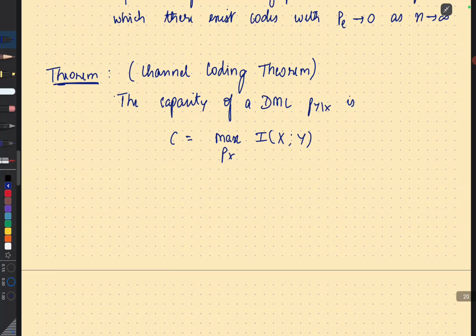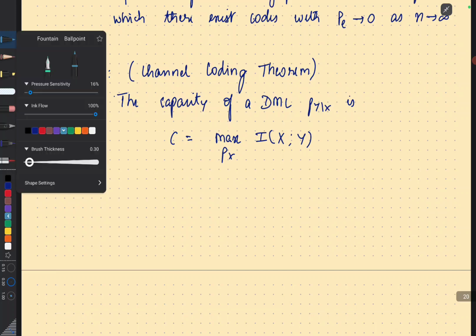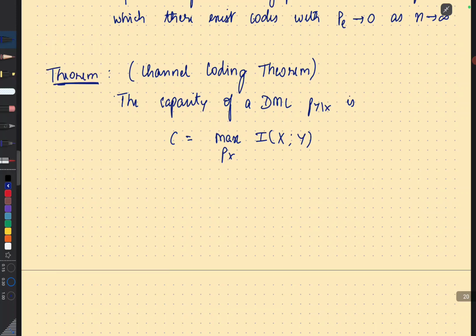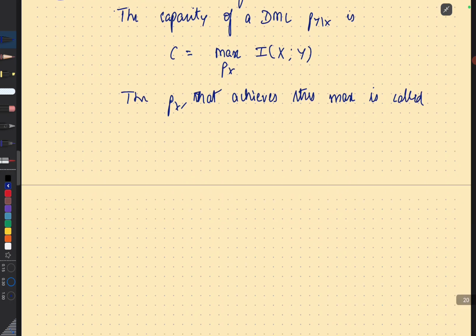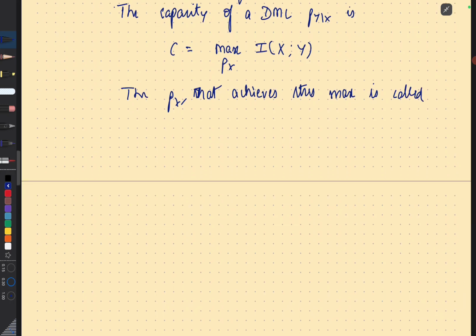And the Px that achieves this maximum is called the capacity achieving input distribution.